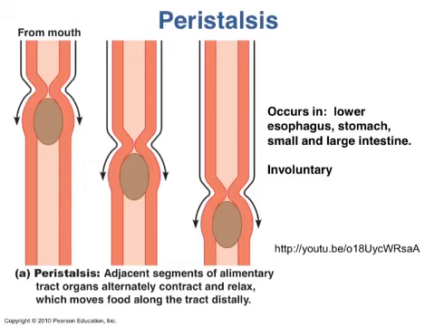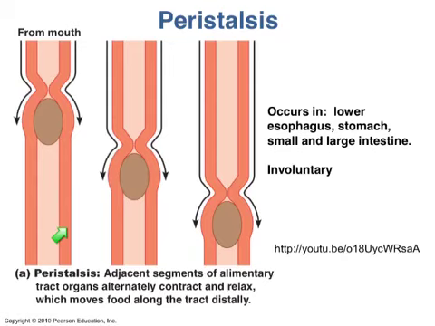Peristalsis refers to waves of contraction and relaxation that squeeze food through the GI tract. Imagine squeezing a tennis ball through a stocking. That's that squeezing motion that you make with your hands to move the tennis ball through. That's what your GI tract does to move food through.